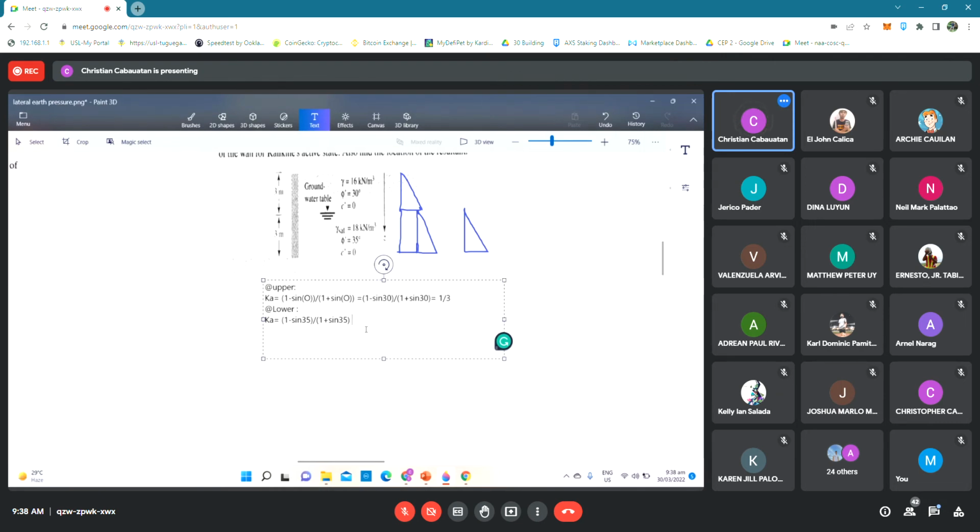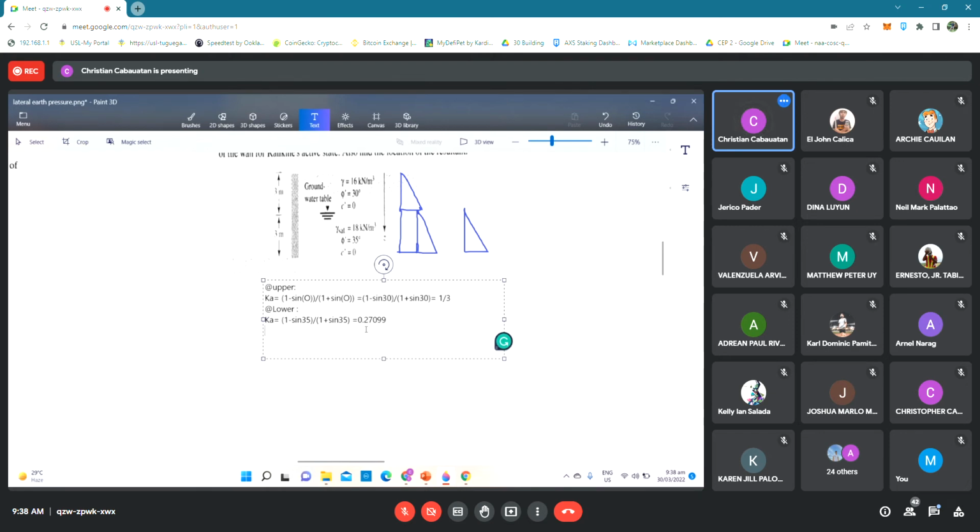Therefore, the value niya is 0.27099. Tama? Agree lahat? Agree ba lahat? I hope.